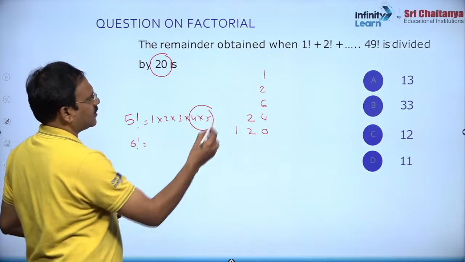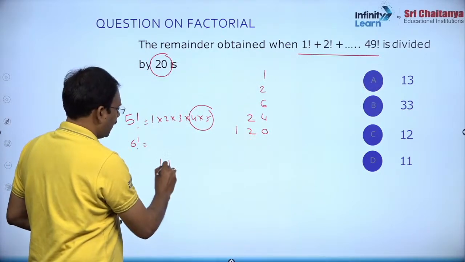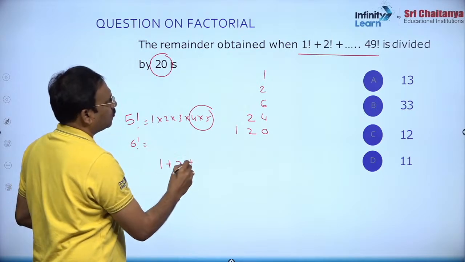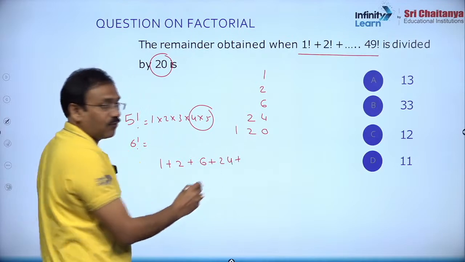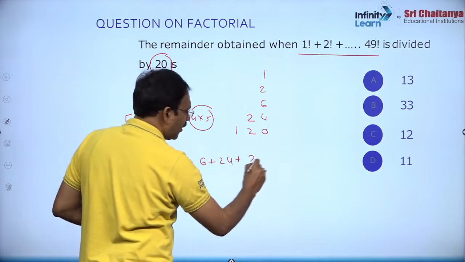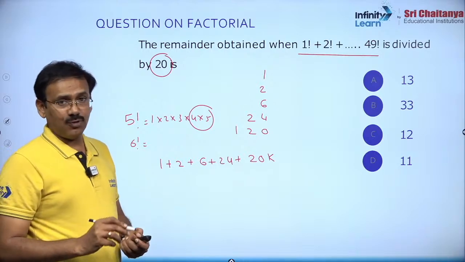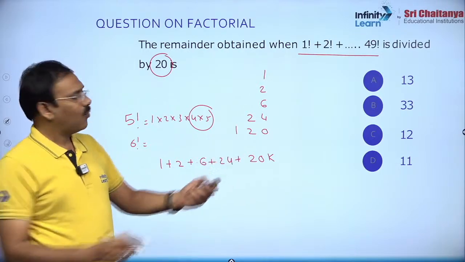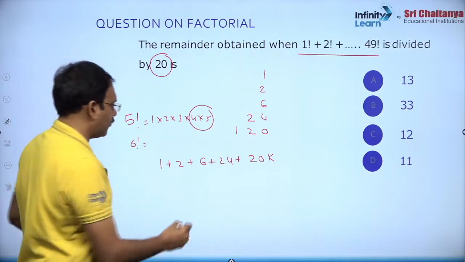So my dear friends, I can write this sum as 1 plus 2 factorial 2 plus 3 factorial 6 plus 4 factorial 24 plus rest of all are multiples of 20 only. From 5 factorial to whatever factorial you take, each factorial is a multiple of 20.